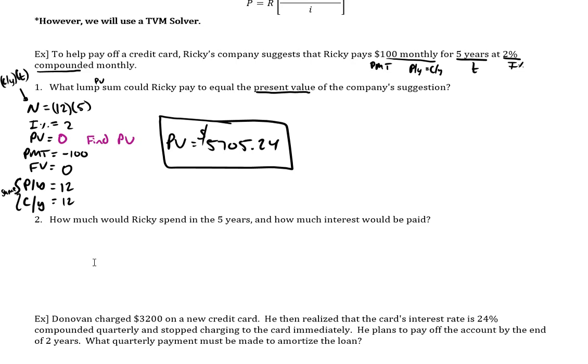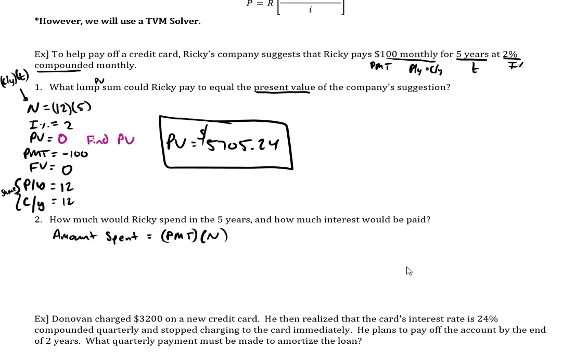So often we can't do that, so we have to break it down slowly. On number 2, it asks how much would Ricky spend in the 5 years and how much interest would be paid. The amount spent would equal the amount of the payments times the number of payments.